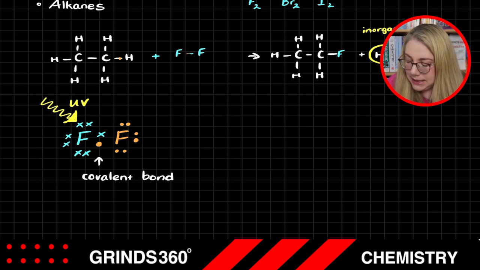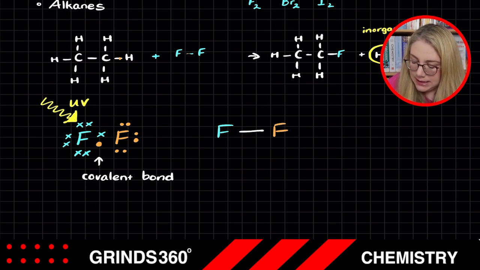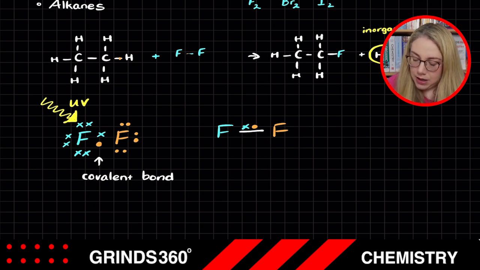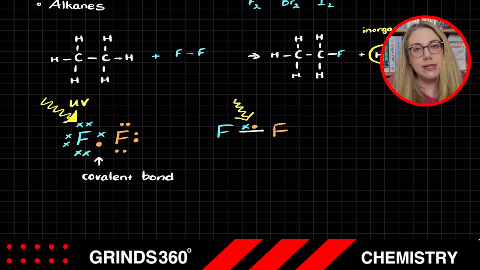If I represent this slightly differently, and that bond holding your 2 fluorines together, one electron in that bond came from the fluorine on the left, the other electron in that bond came from the fluorine on the right. When UV light shines on this molecule, it causes the bond to break.